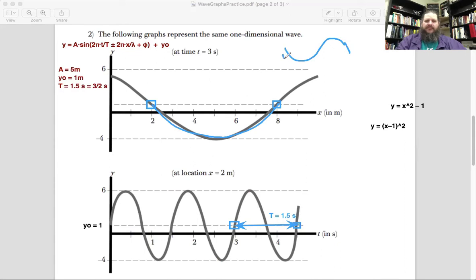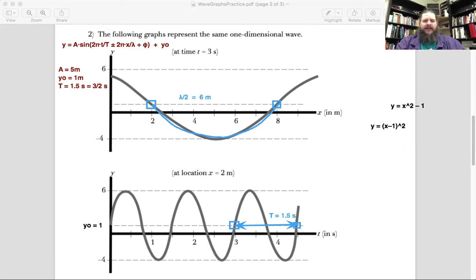So this much is half of a wavelength. So with half of a wavelength, we can at least write out an algebraic expression. We can say wavelength over 2, half the wavelength is from 2 to 8, that'd be 6 meters.